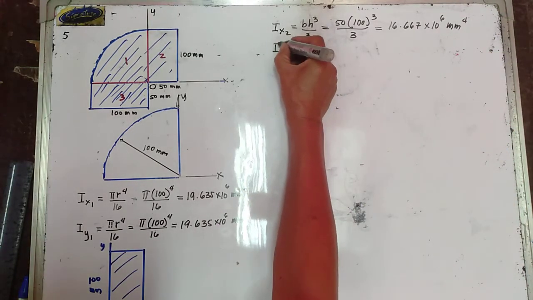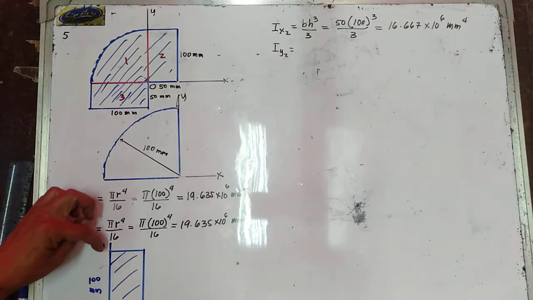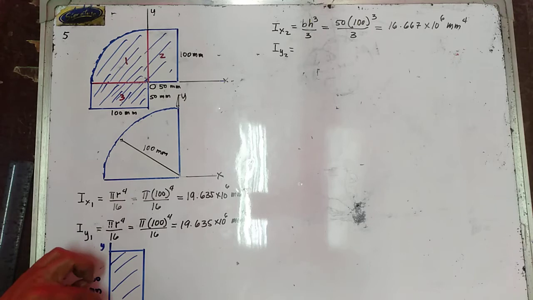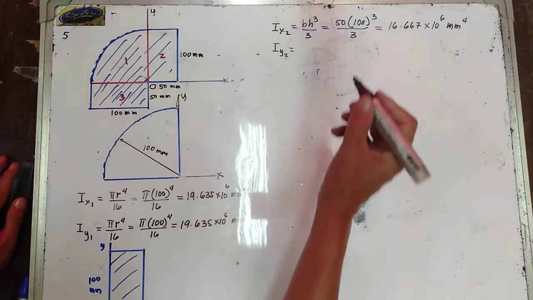And then your Iy2 is now equal to, again, this side in here coincides with the y-axis, so we can make use of the moment of inertia about the base of a rectangular area.